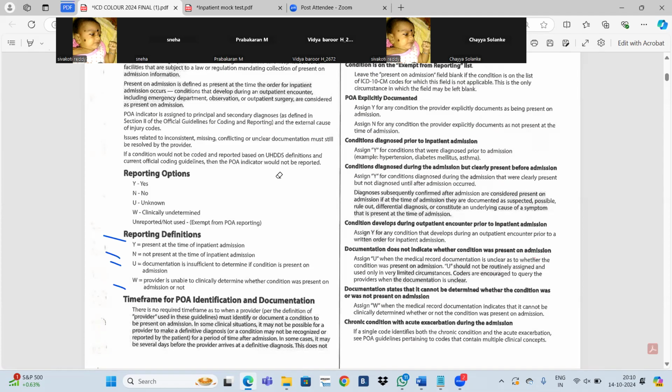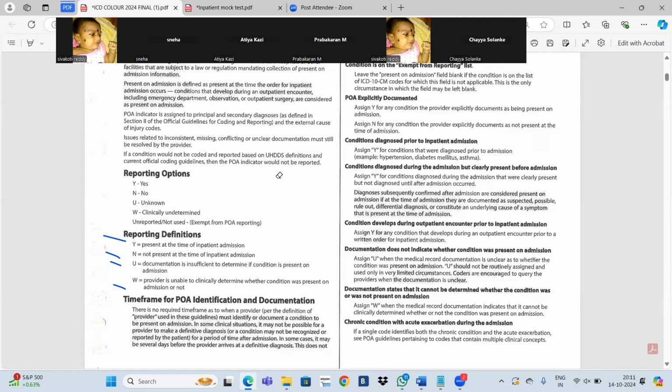While you are working on the chart, you assign the diagnosis, right? Yes, the medical coder is the responsible person to assign the POA indicators. While working, we need to assign this indicator.